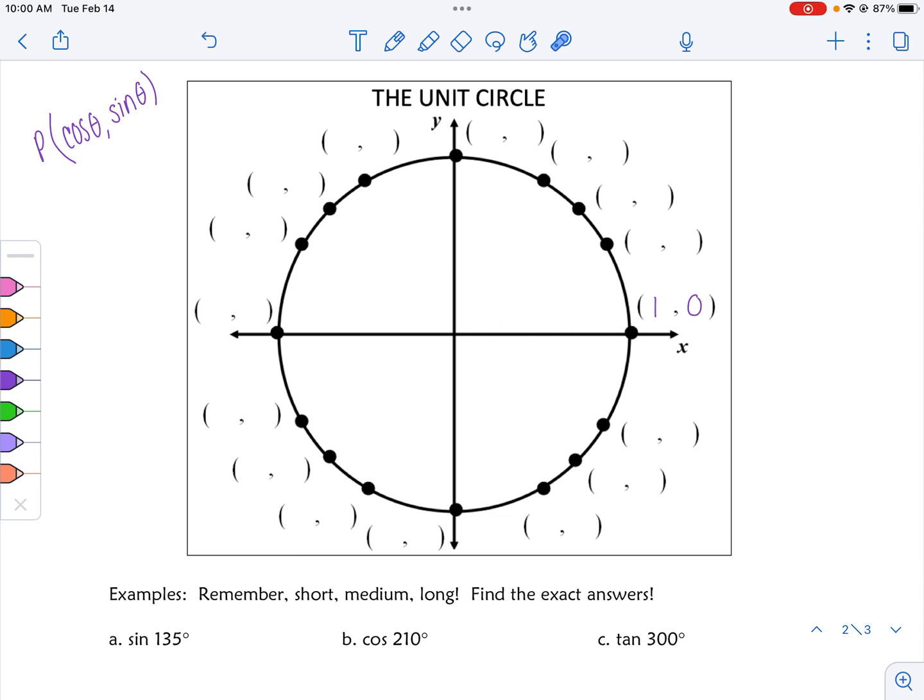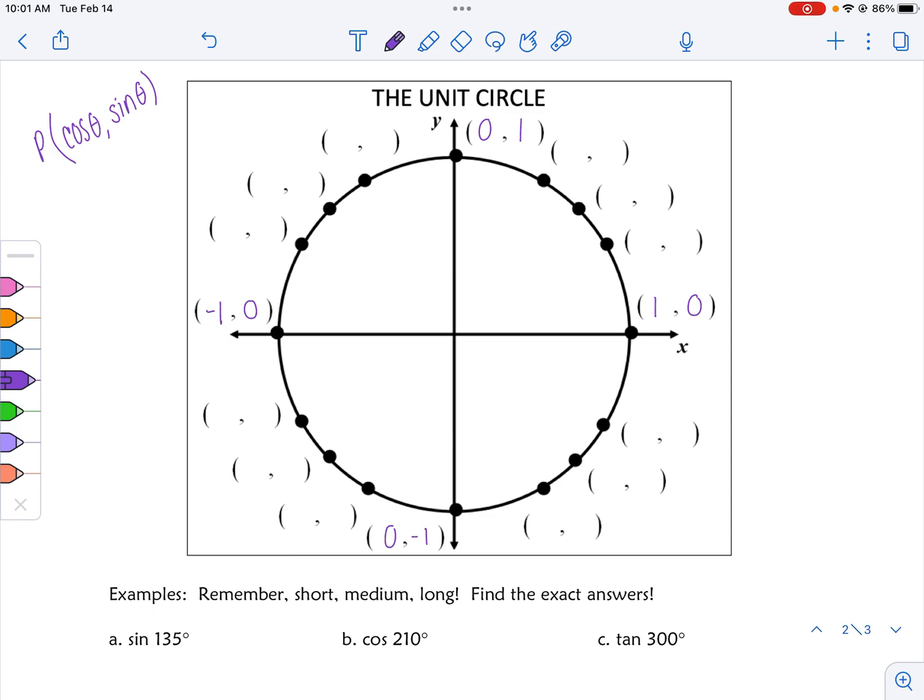Going to our y-axis, that would be the point 0, 1. So 0 is the cosine, and the sine is 1 for 90 degrees. Moving on, x would be negative 1, y is 0, and then 0, negative 1. Those come just from going out, up, out, down of the unit circle.